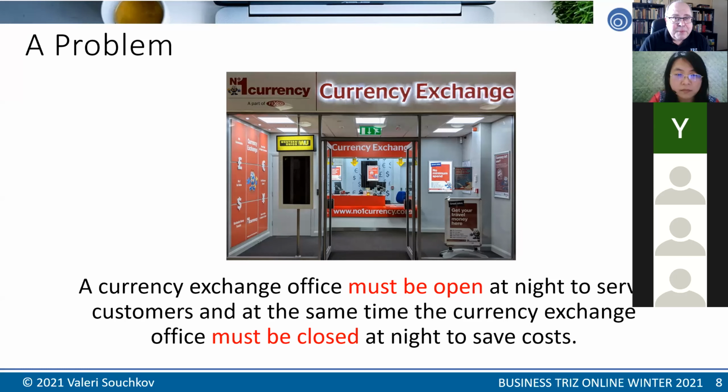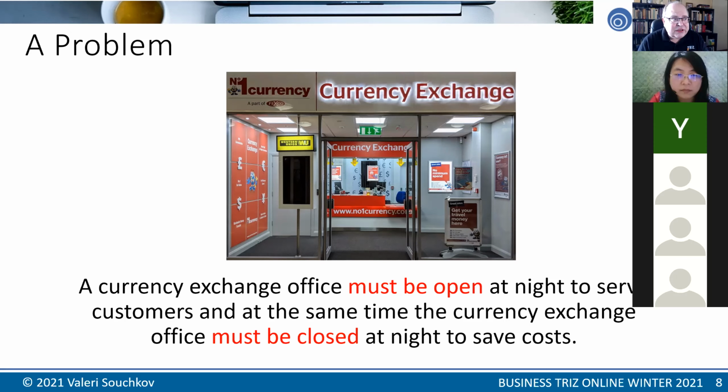There were plenty of these currency exchange offices around the city, which has 2 million people, so you can imagine. They were not great for banks who operated them, especially at night, because at night the level of shopping is much lower, but they still had to keep officers and keep these locations open, which increased the costs.